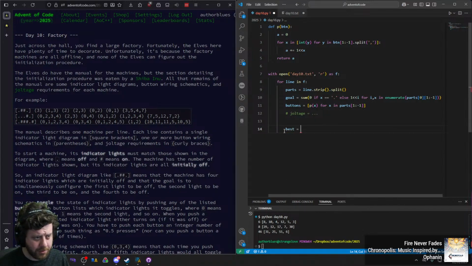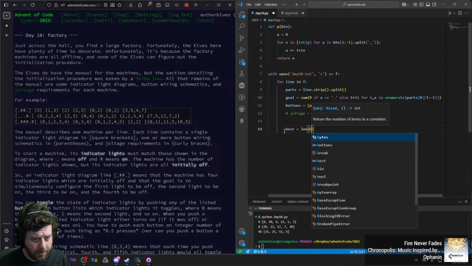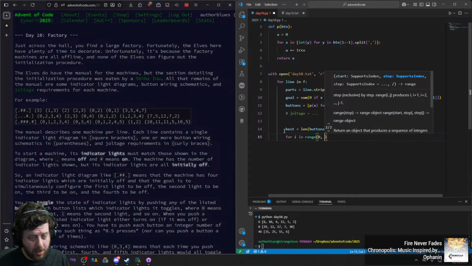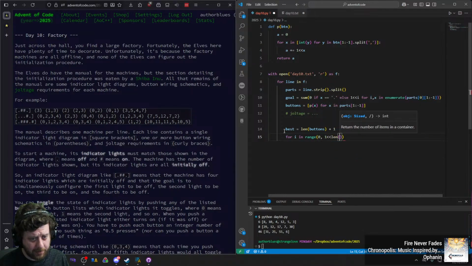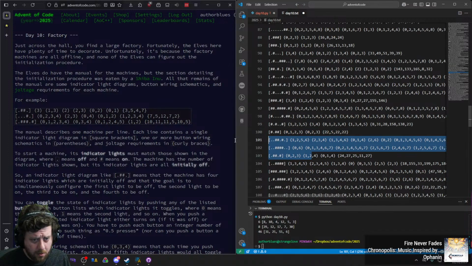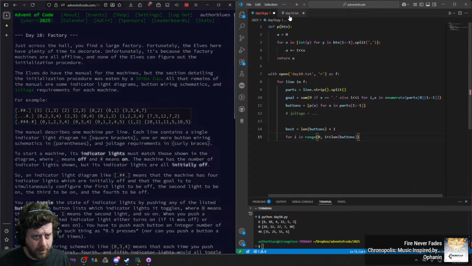Best equals len buttons plus 1, I guess. And then for i in range 0 up to 1 left shift by length of buttons. That seems okay. Yeah, I can do that.